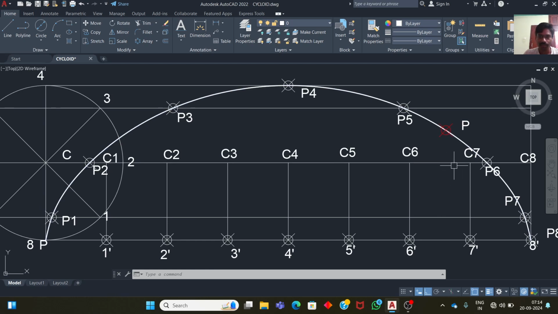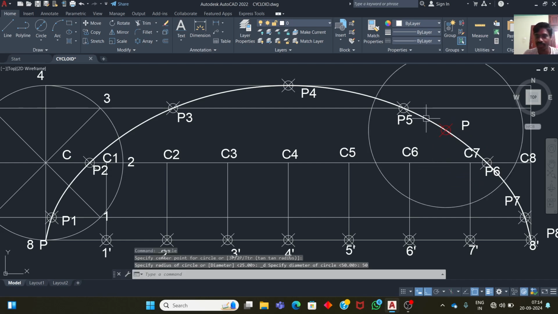First of all, for drawing the tangent and normal, we will take a circle with center P and diameter 50 mm. This circle and the locus of center line will intersect here. So here also we will make a point.